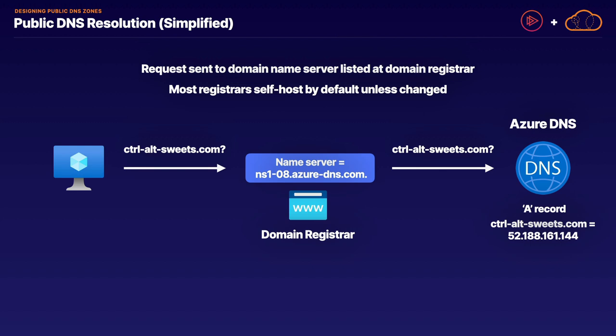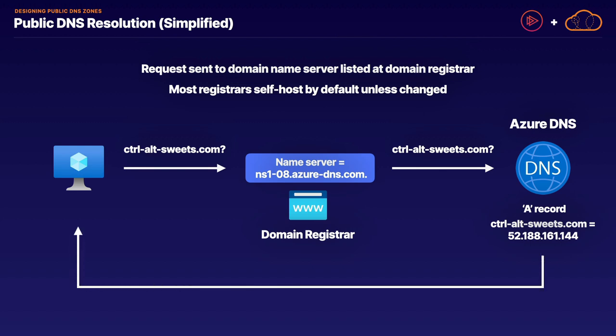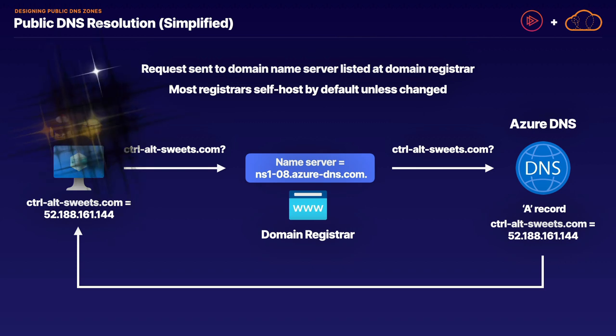Going back to our previous lesson, this is the phone book entry that tells us that controlaltsweets.com is at this IP address. After this lookup is complete, Azure DNS will return the IP address that correlates controlaltsweets.com with that IP address, which is now stored by our local laptop in its cache. So now when you go to controlaltsweets.com, it will know to seek out the server of 52.188.161.144, which means you are now able to successfully get onto that website by the domain name, and now you have some cake.